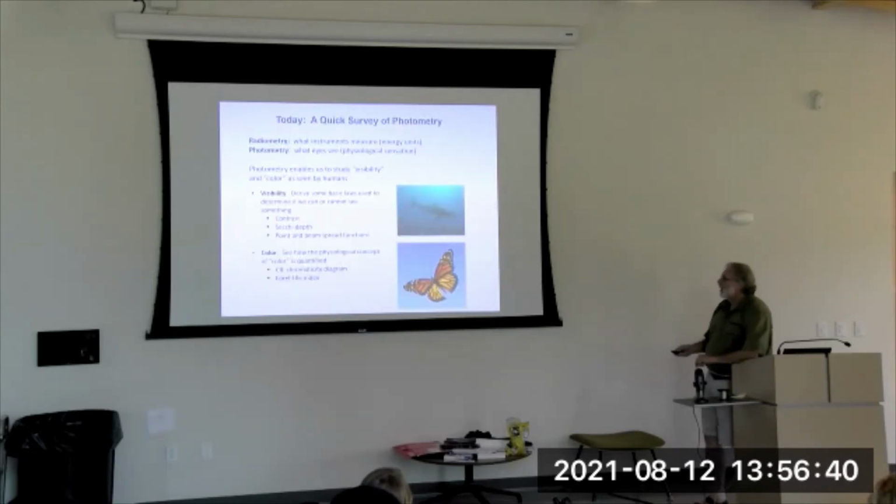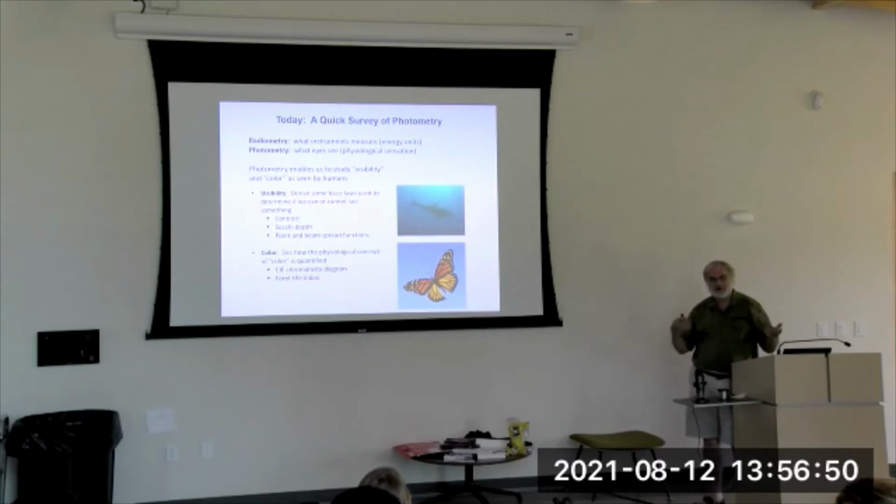What we'll cover is, under the topic of visibility, we'll derive some basic laws that govern whether you can or cannot see something. And we'll talk about contrast. We'll mention the Secchi depth. We'll talk about point and beam spread functions, which are super important.